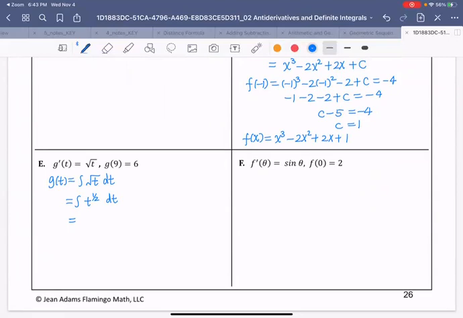What does this equal? 2/3 times t to the power of 3/2, and then plus c, right? Yes. Now let's plug in.